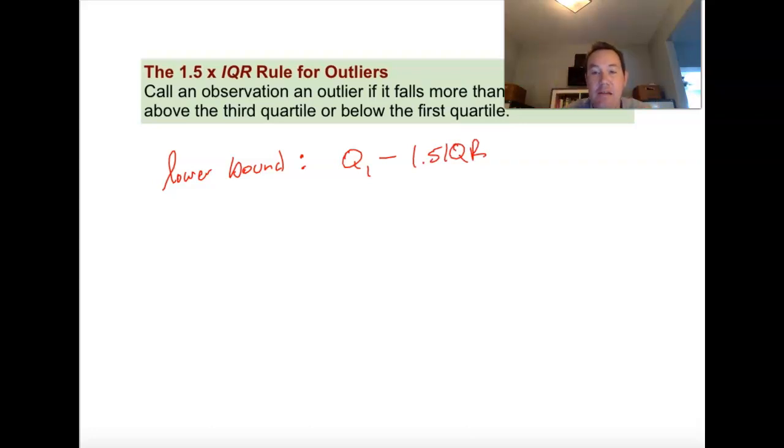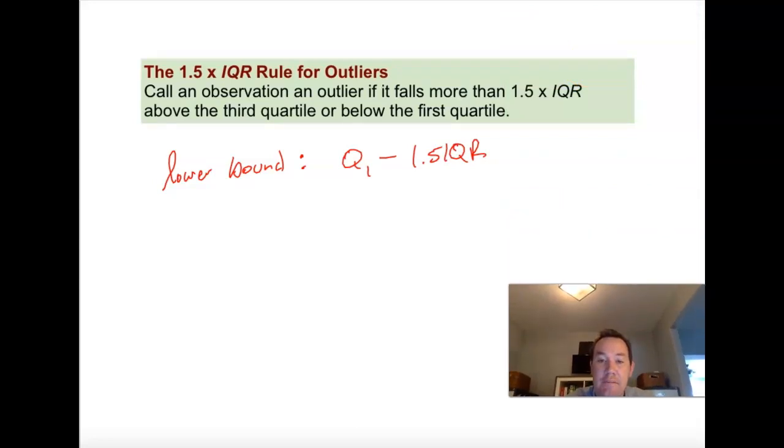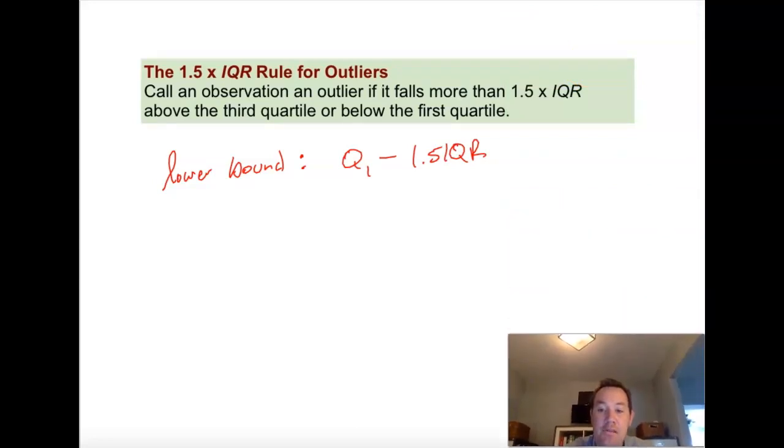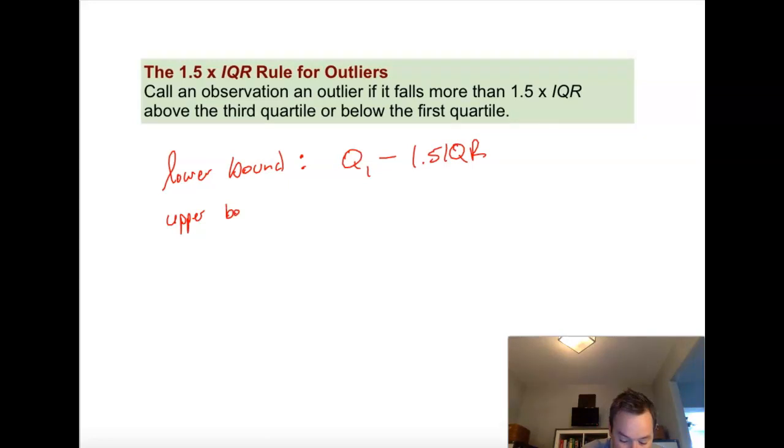And if you have any data that falls below that, you'll consider that data a possible outlier. The upper boundary for outliers, you're going to take Q3 and you're going to add 1.5 times the IQR. And any data that falls above that we'll consider a possible upper outlier. And again, right now I'm just giving you the definitions. We'll do examples of these.